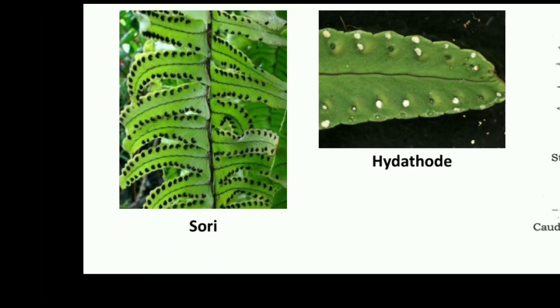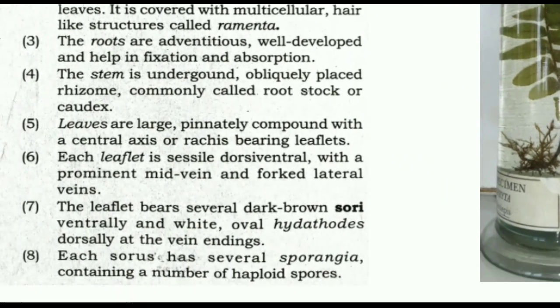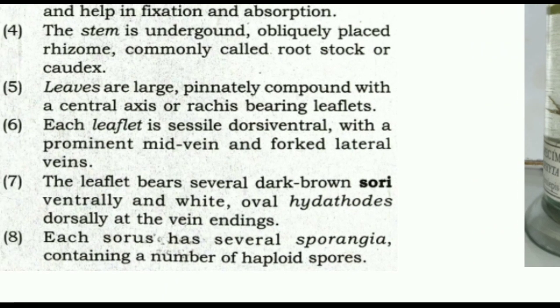These sori are the actual spore producing organs. In these sori, there are lots of sporangia. Sporangia are the organs which produce spores. So the sorus consists of sporangia, and sporangia produce spores.